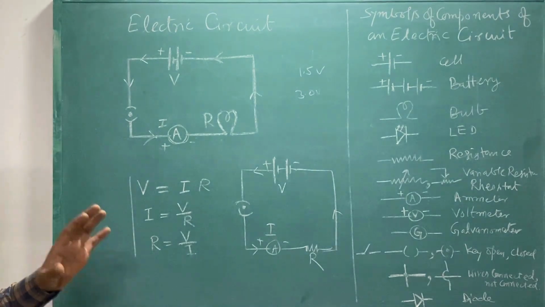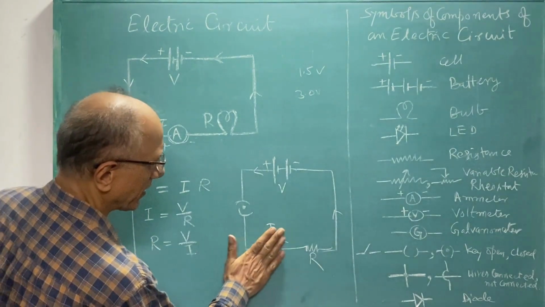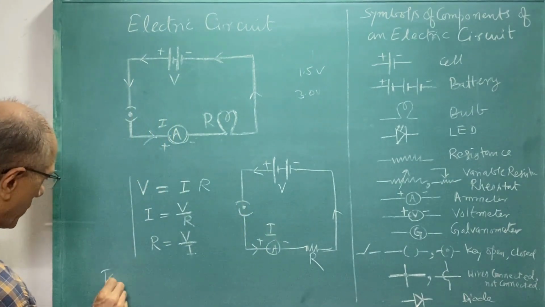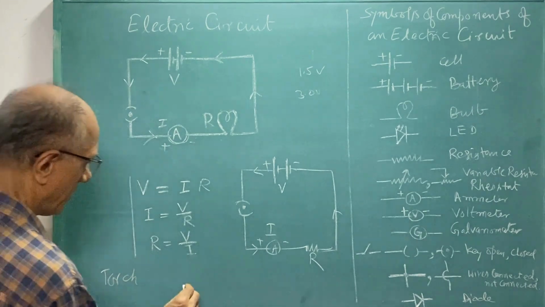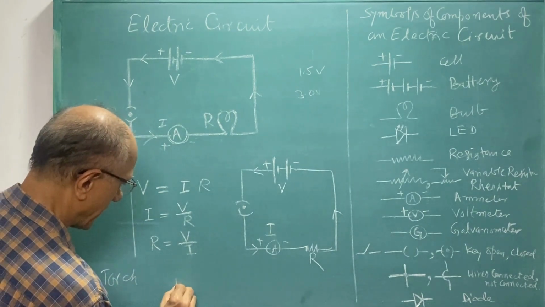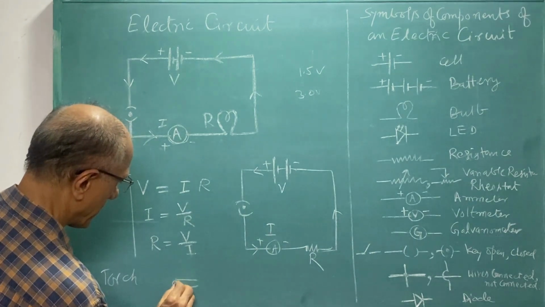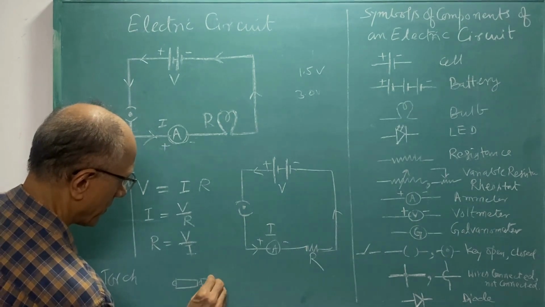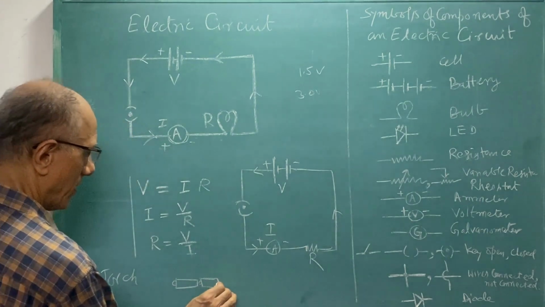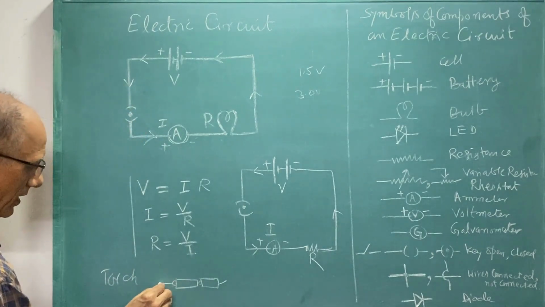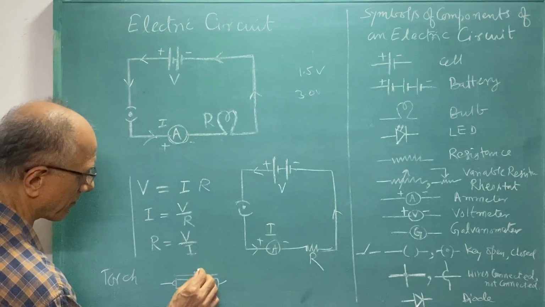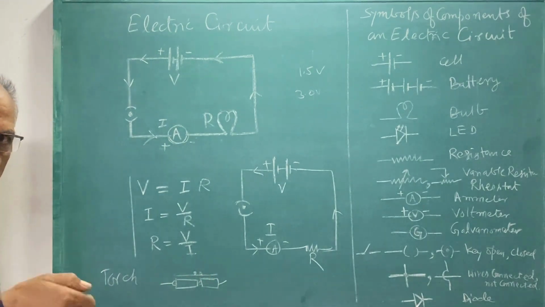In case of a torch, this element is missing. In case of a torch, what is there? The two cells are there. Here on this, some push button is placed.